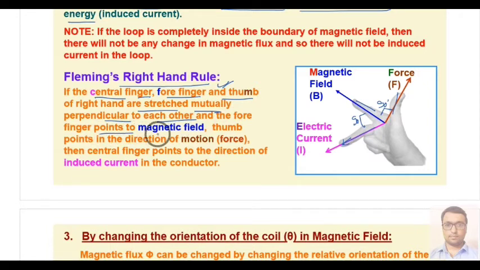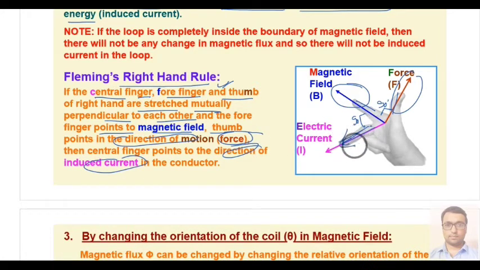The forefinger points to the magnetic field, the thumb points in the direction of motion or force, and the center finger points to the direction of the induced current.